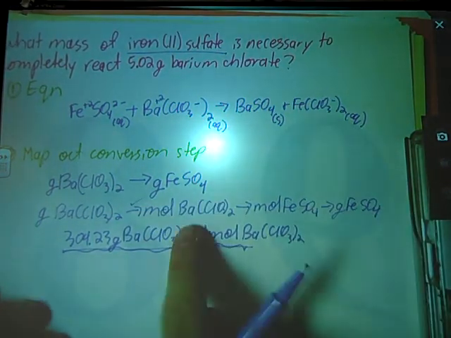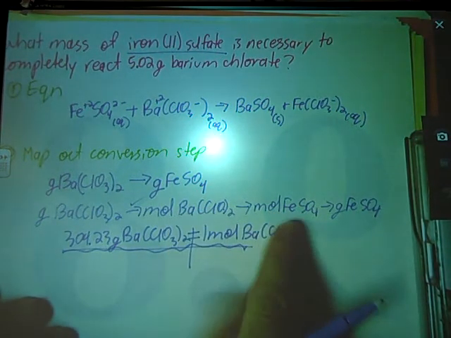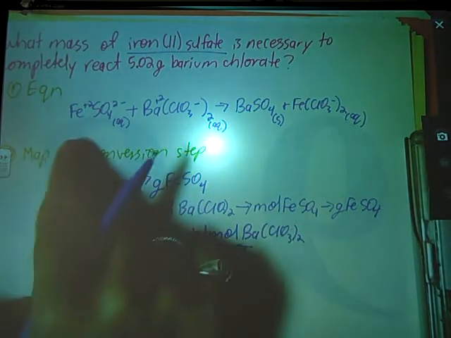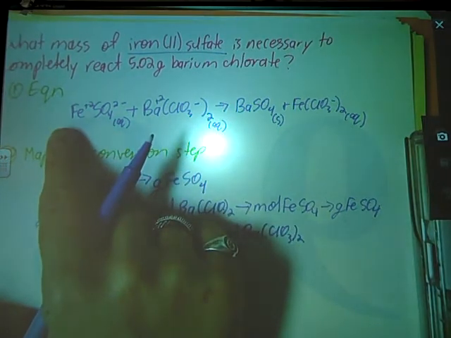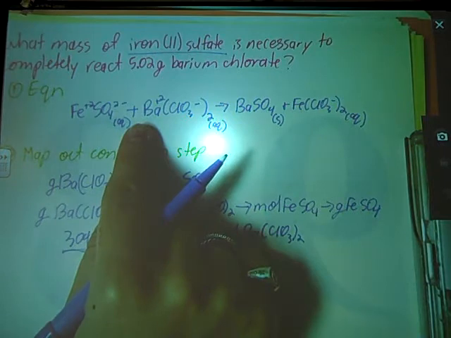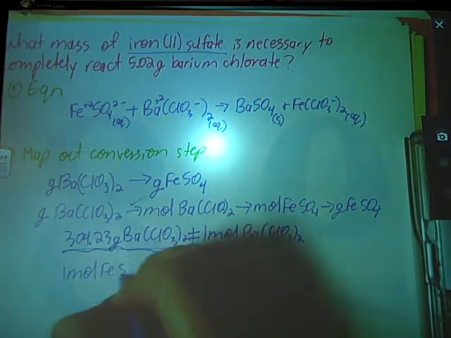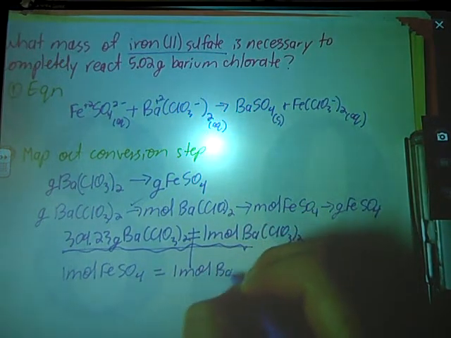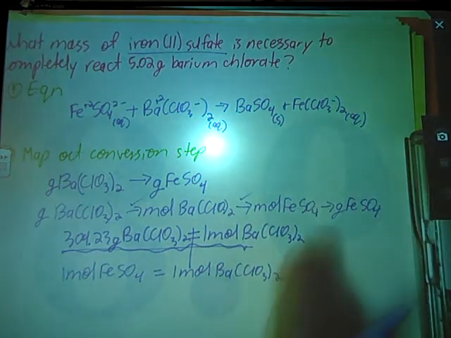First arrow, check. My next arrow here, from mole to mole, is going to be my mole ratio. Now, even though I'm going from reactant to reactant, this relationship still holds. So, 1 mole of iron sulfate will need 1 mole of barium chlorate. That arrow taken care of. 1 more to go.